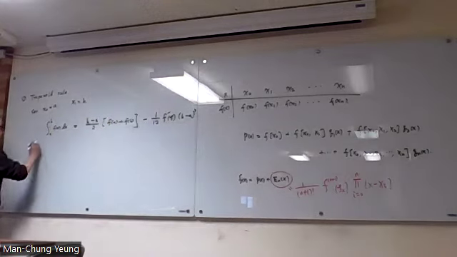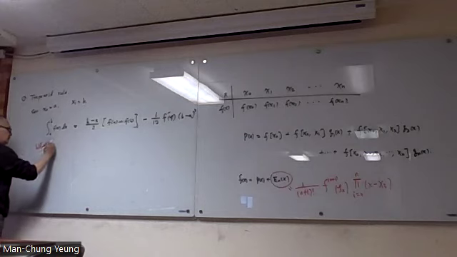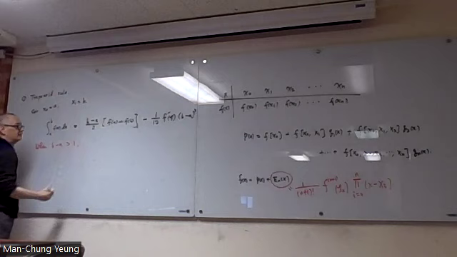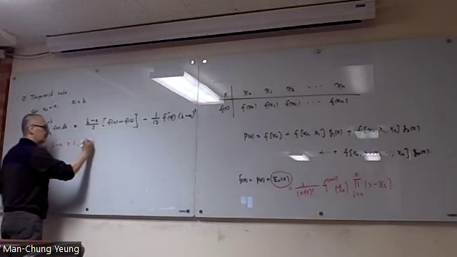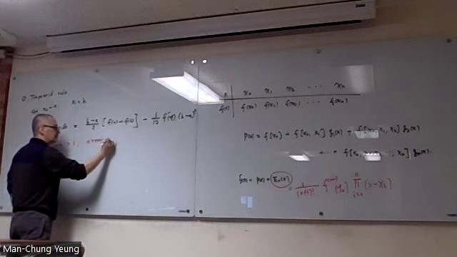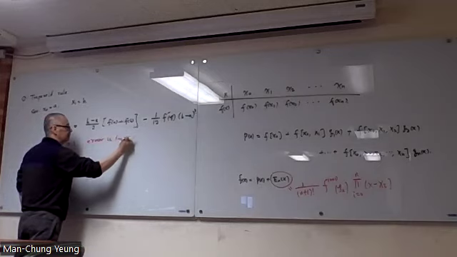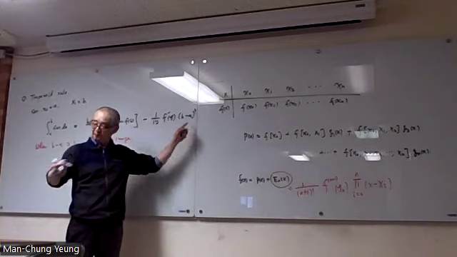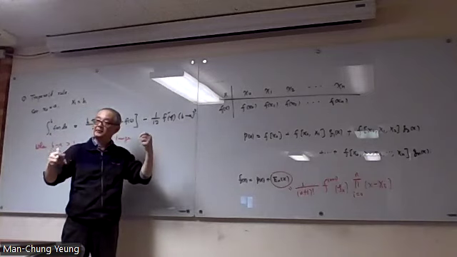B minus A is the length of the interval from A to B.